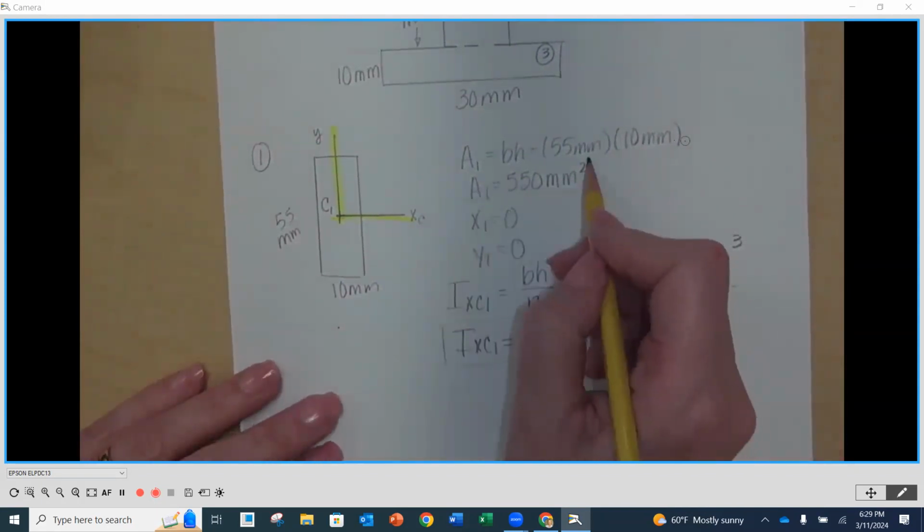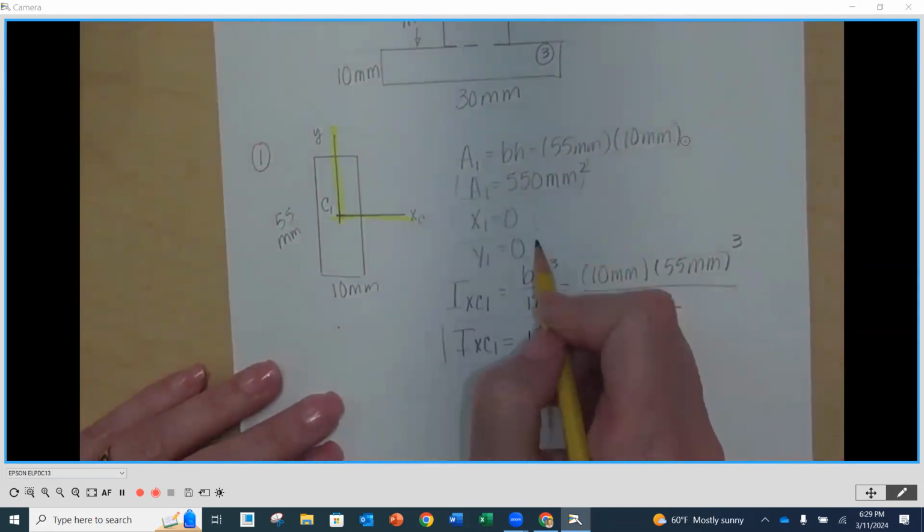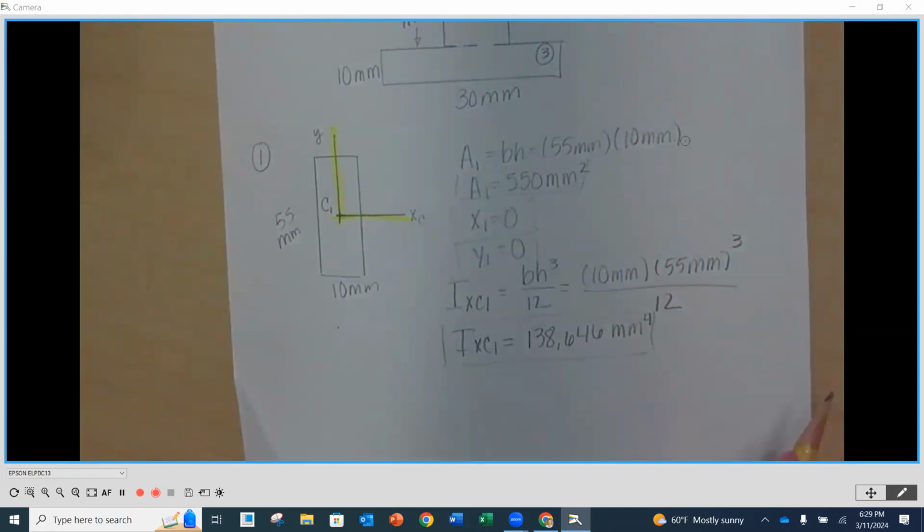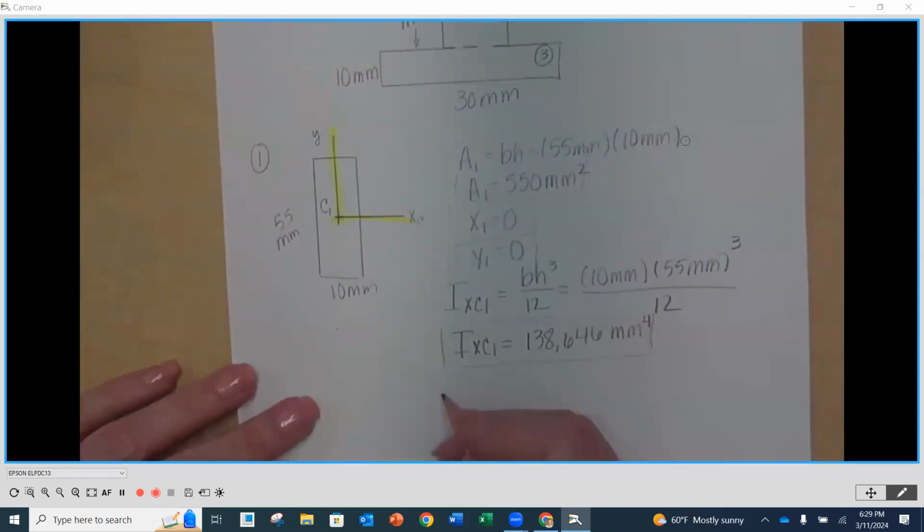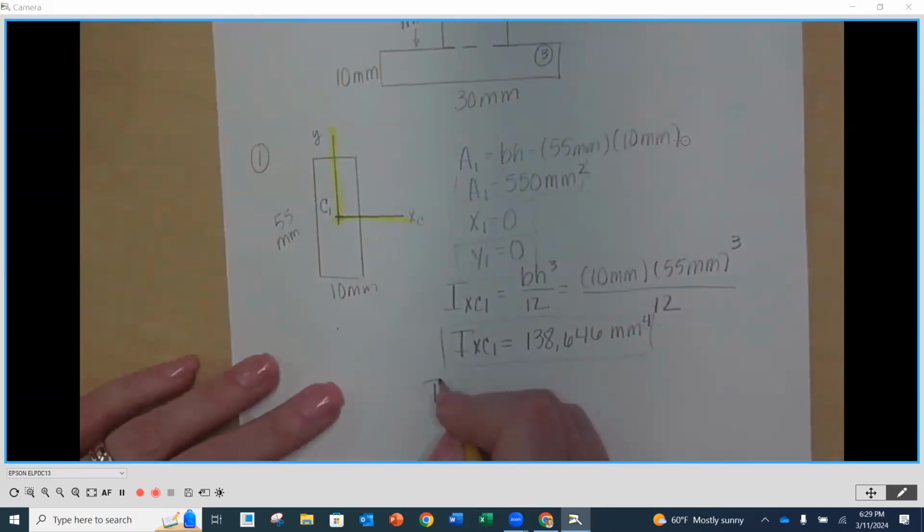And here's my area, my X, my Y, just informally, lightly penciling around because I'll use that for my table later on. Then I'm going to do that very same thing for the Y right away as well. My IYC1 is going to be base times height cubed divided by 12.